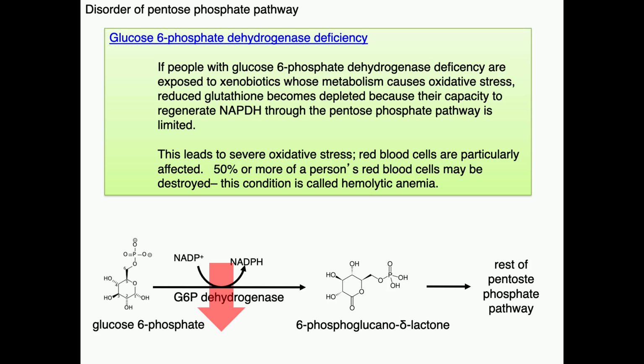So you get an anemia, and it's hemolytic anemia. So there would be ragged cells and bite cells and whatnot, not a macrocytic or a microcytic anemia.